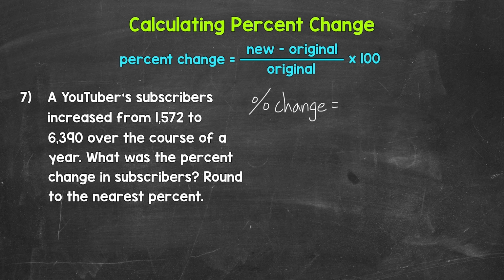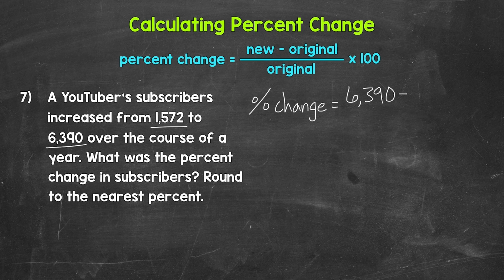equals, and now we need the new value minus the original value. Well, the new value is 6,390. So the new value, 6,390 minus, now we need the original value, which is 1,572. So that's the starting value.